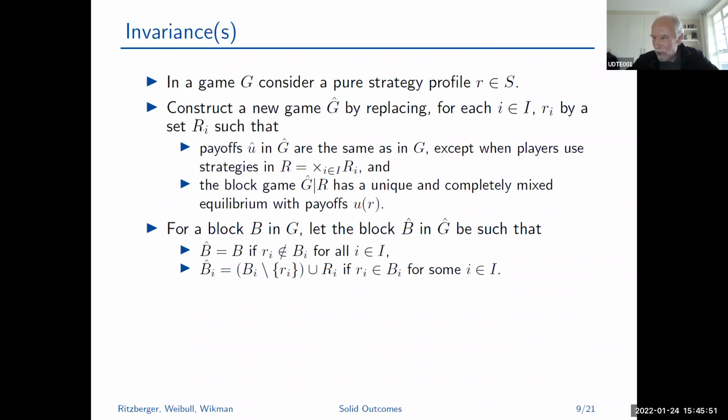Lacking a better name, I called this invariance the Myerson-Weibull invariance because it pops up in the paper by Roger and Jörgen in Econometrica. So let me define what it is in the normal form. So you take a game and look at the particular strategy profile R, okay?